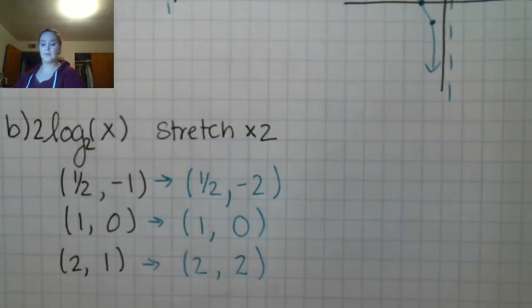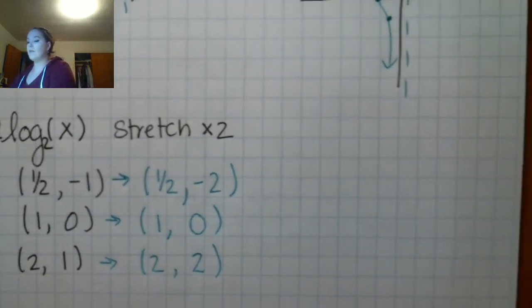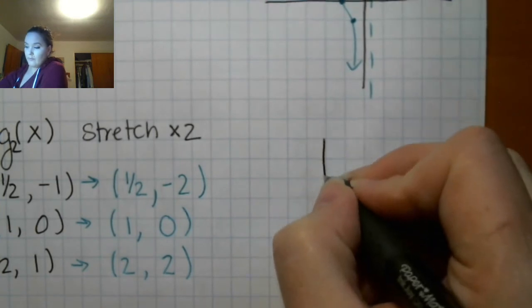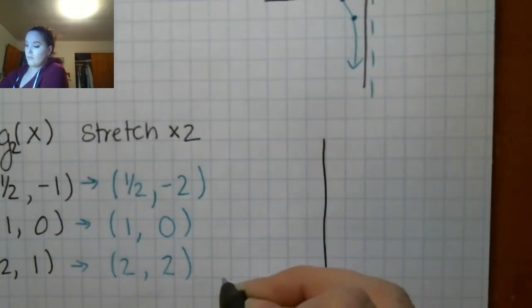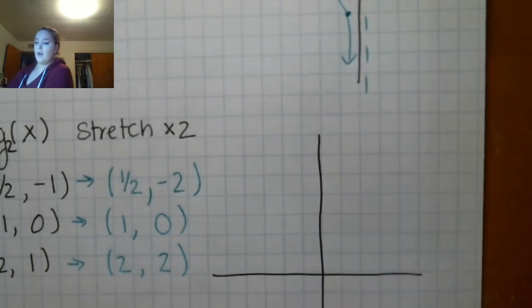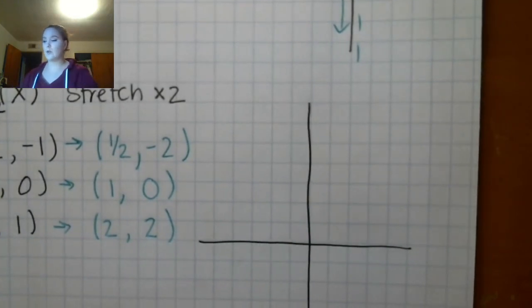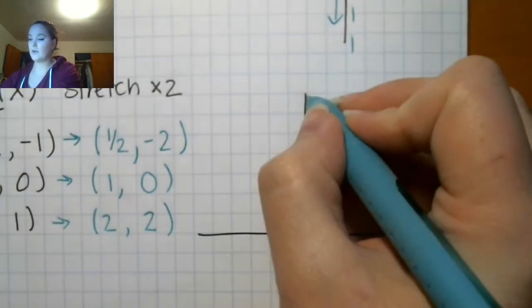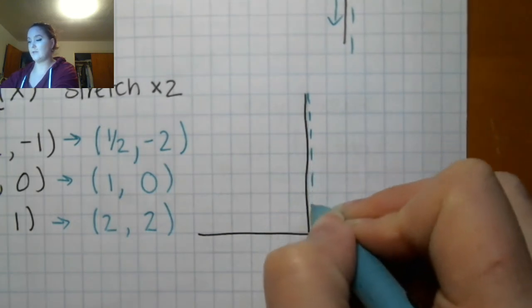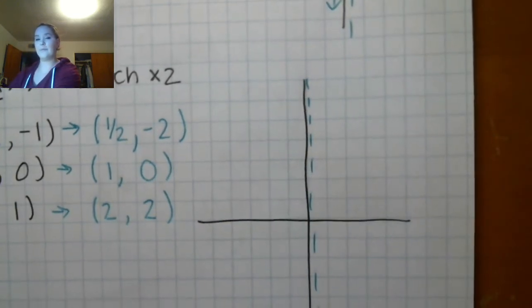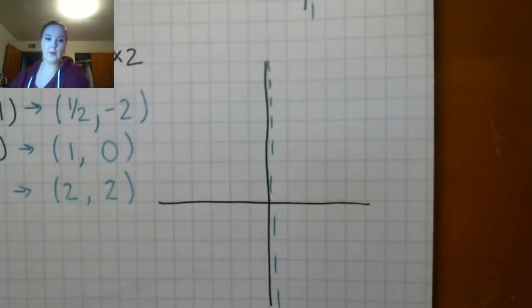Let's go ahead and look at our graph. Because the x-coordinate is the same, that means that our vertical asymptote is still going to be the same. Then we're going to mark our key points.